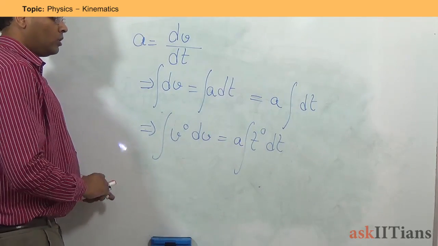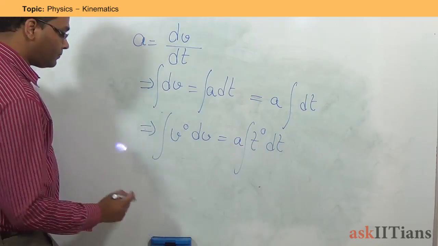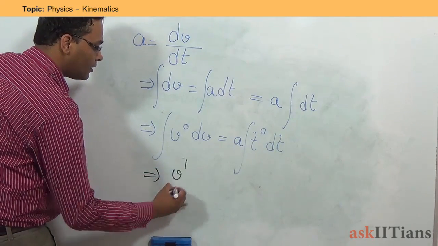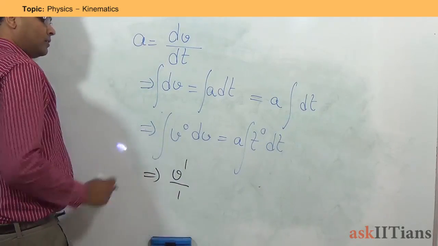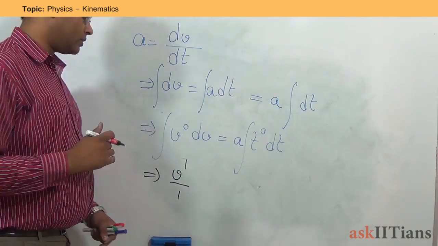Yeah? So let's now try to integrate this. If I use the formula, I'll get v raised to the power 1 by 1. But hey, we have an initial value of velocity, right?